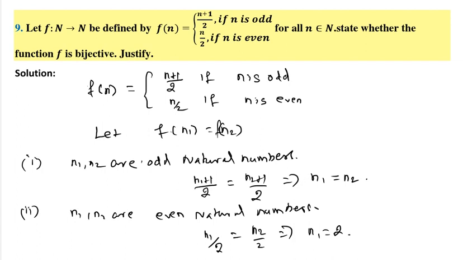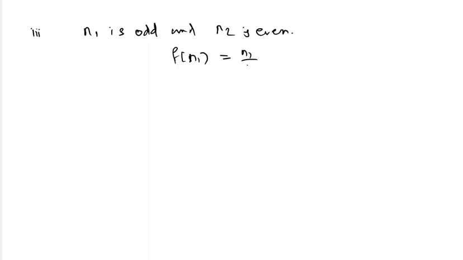Okay. In the third case, n1 is odd and n2 is even. Then f of n1 is n1 by 2? What is n1 by 2?